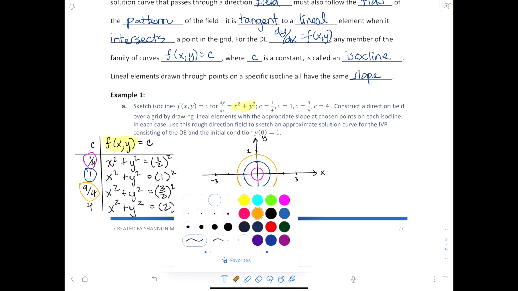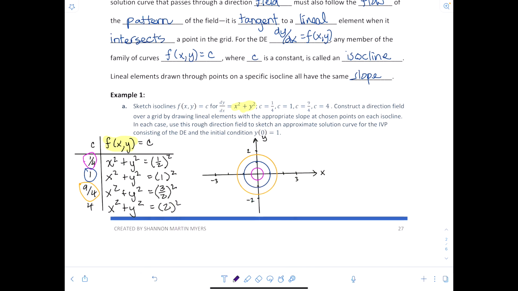And then finally when c is 4, that was when we had a circle with radius of 2. Apparently my scale is not super great right there, but you get the thought here. All right, so we've got these circles drawn really rough.